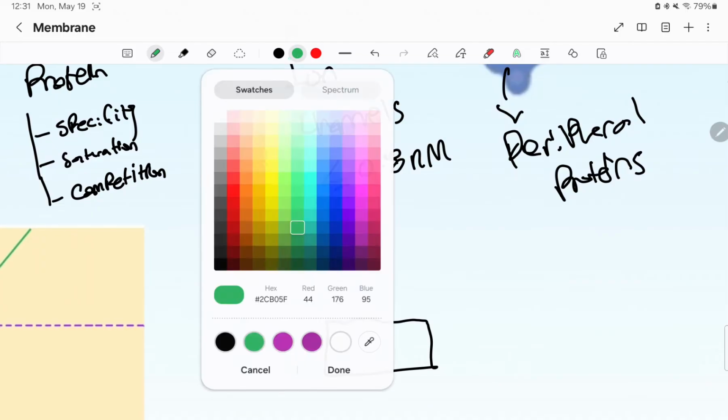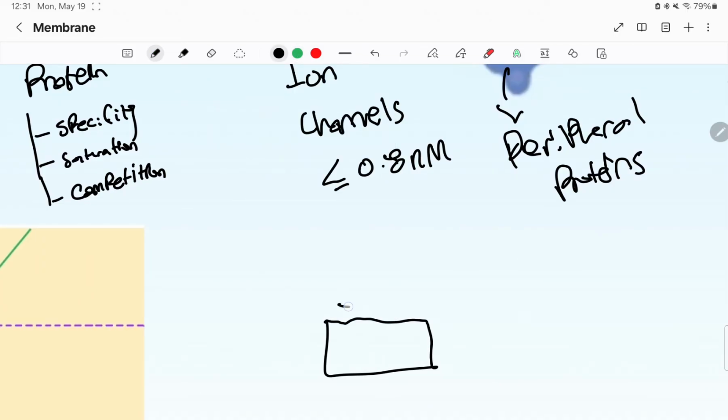Let's talk about saturation. This one is actually a very simple concept that very often gets confused. Let's say I have the cell membrane, here's a nucleus, and this is the cell membrane, and this is a carrier, and this is another carrier. Let's say I have 1 and 2 glucose molecules. This one is currently going through this carrier, and this one is going through this carrier.